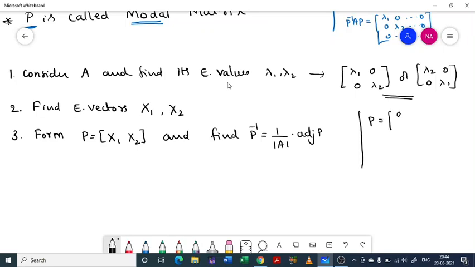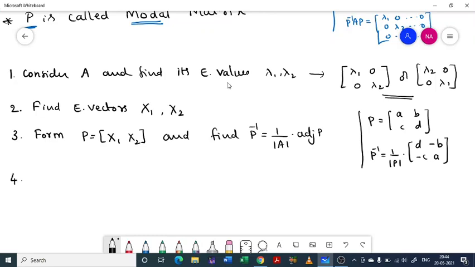Suppose P is a, b, c, d, a 2 cross 2 matrix. Then P inverse will be 1 by determinant of P into, interchange the diagonal entries a and d and change the sign of the non-diagonal entries. That's all. So that will give you the inverse of P.